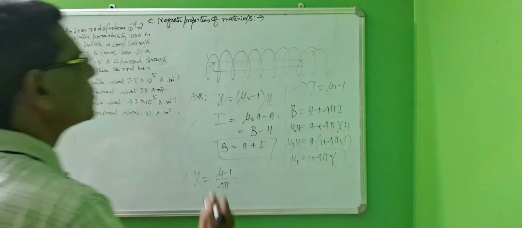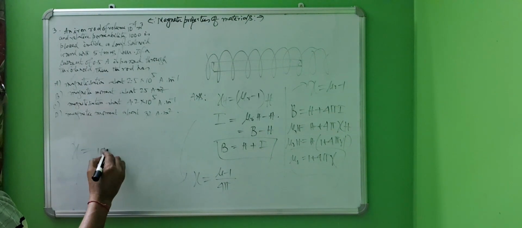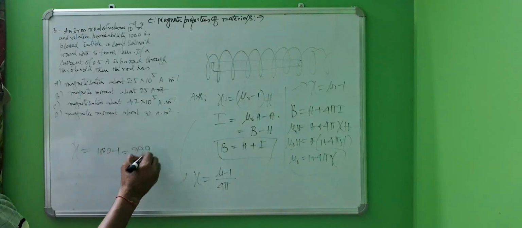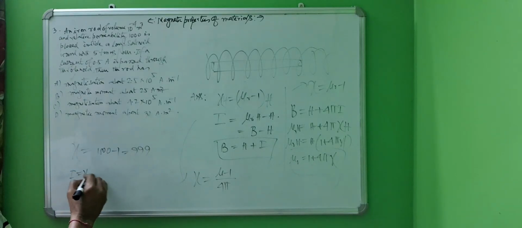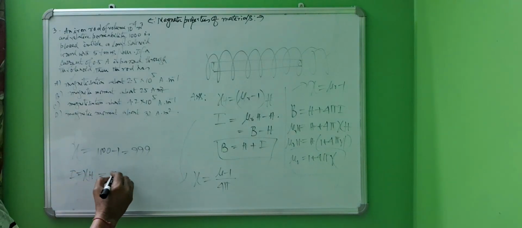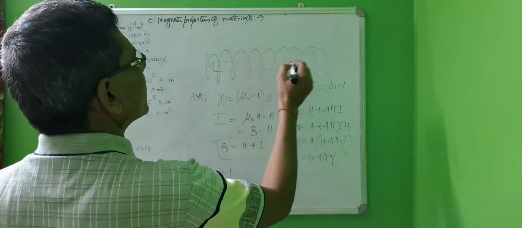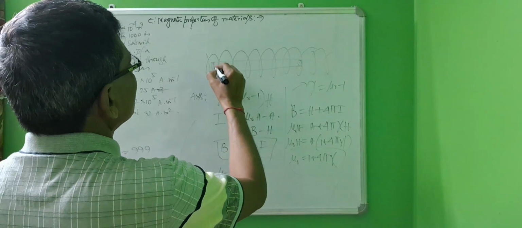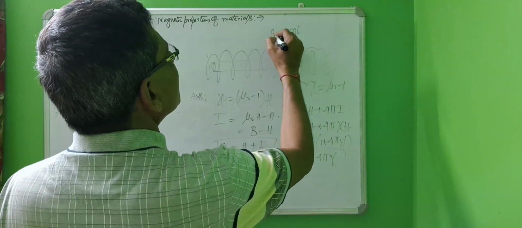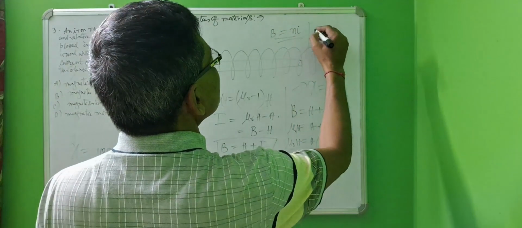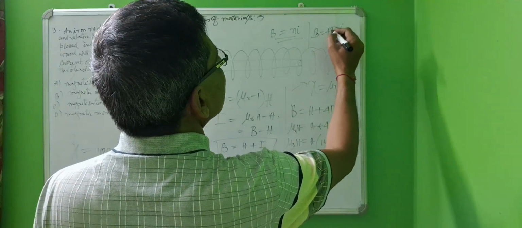According to the problem, chi equals 1000 minus 1 equals 999. Now I equals chi times H equals 999 times the magnetic field produced in the solenoid, which equals Ni for the SI system, and for the CGS system this equals 4 pi Ni.